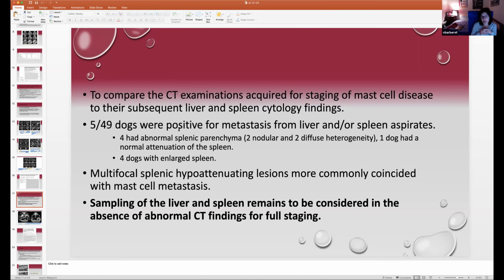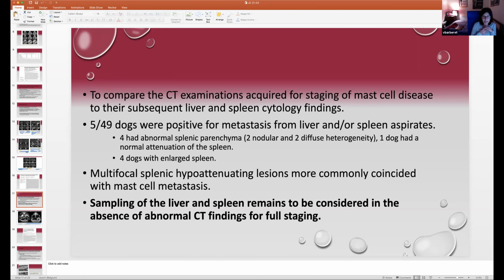Some dogs had an enlarged spleen, which on CT sometimes doesn't mean much. They basically mentioned multifocal splenic hypoattenuating lesions with mast cell tumors.